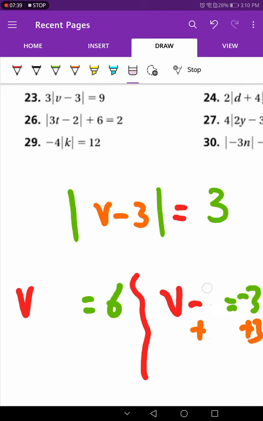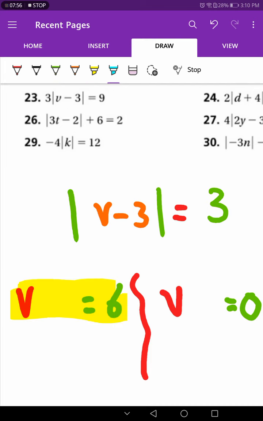So this will be eliminated, and v is alone, and here will be 0, plus 3, negative 3, 0. So we are done. Those values make the left side equal the right side, or make the equation true.